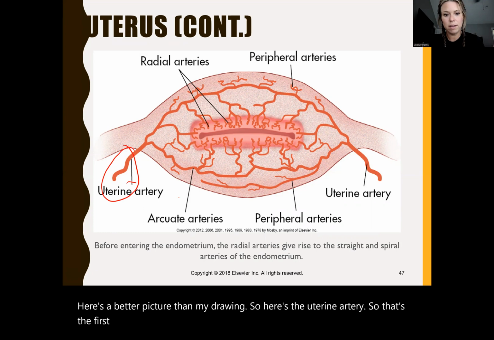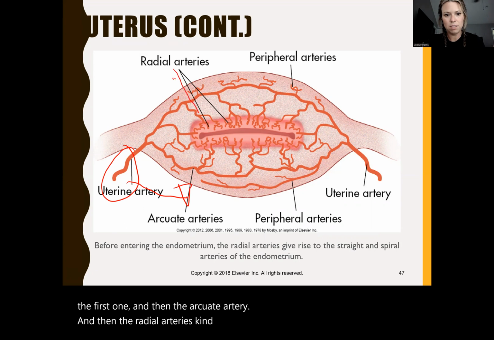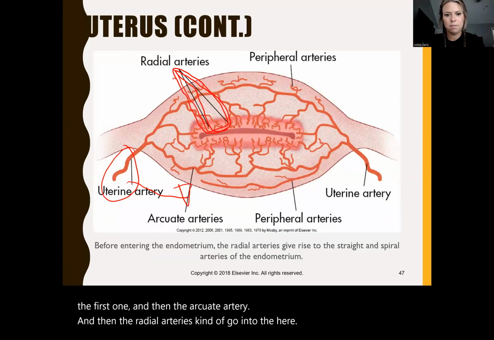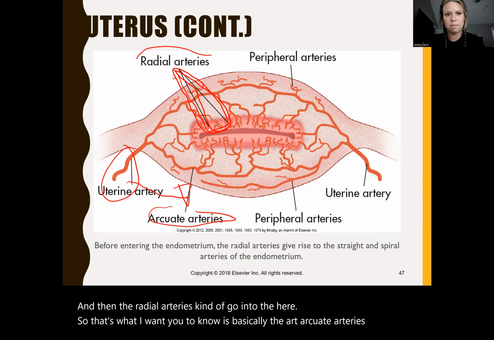And then the arcuate artery. And then the radial arteries kind of go into the endometrium here. So that's what I want you to know, basically the arcuate arteries and the radial arteries.